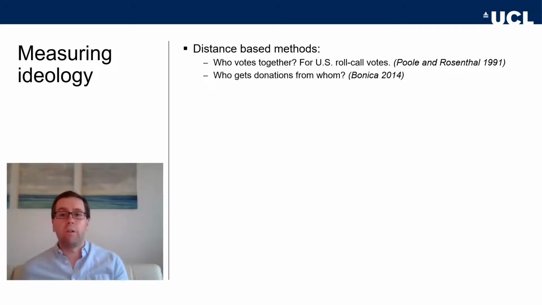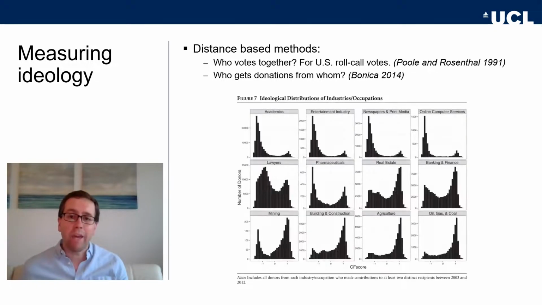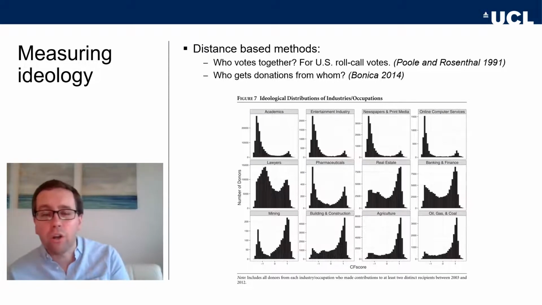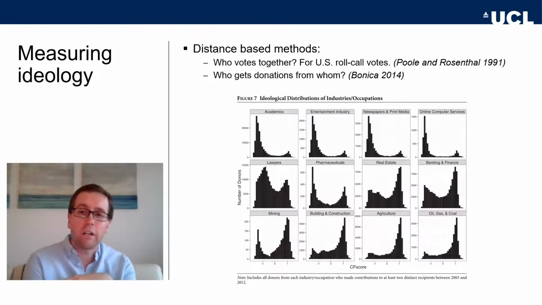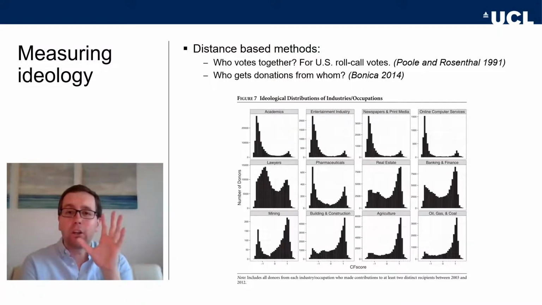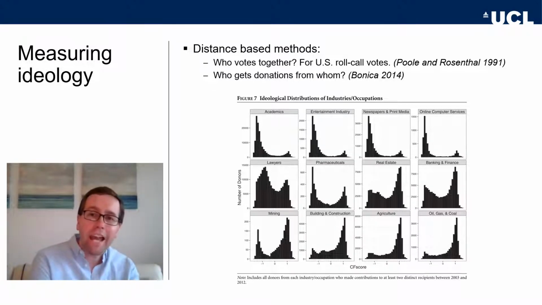So, for example, there's a very clever paper that uses basically campaign donations to get at the ideological distribution of different industries. And so if you want to know which kind of industries are more right-wing or more left-wing, you can look at basically donations to candidates.